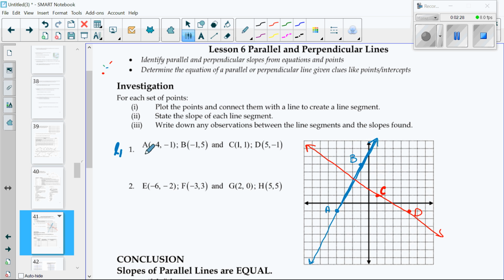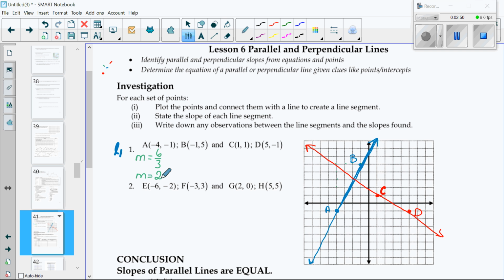Okay, so line AB, so I'm going to count 1, 2, 3, 4, 5, 6 over 3, 1, 2, 3. So my slope M is equal to 6 over 3, which gives me a slope of 2.